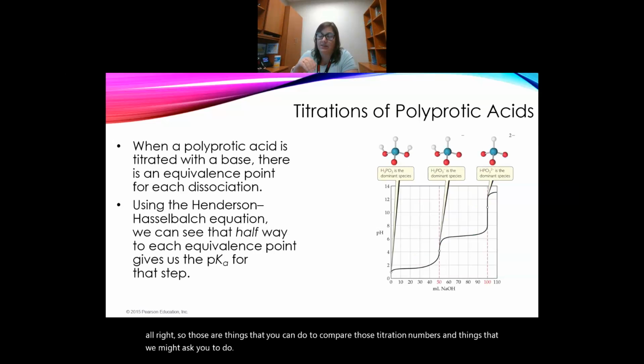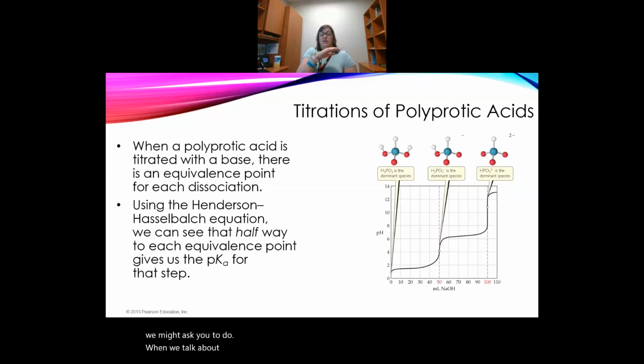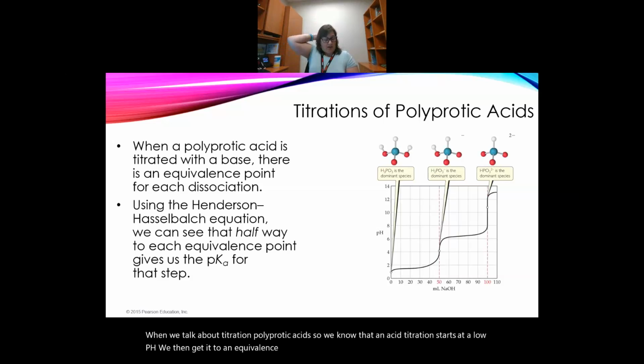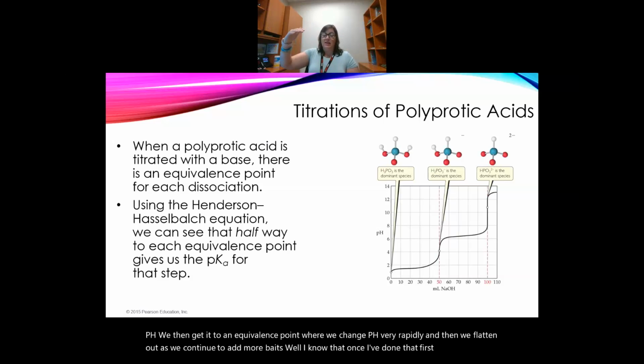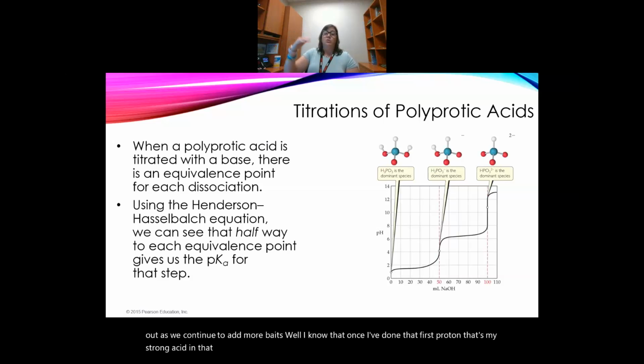When we talk about titration of polyprotic acids, we know that an acid titration starts at a low pH. We then get to an equivalence point where we change pH very rapidly, and then we flatten out as we continue to add more base. Well, once I've done that first proton, that's my strong acid in that case, then I have a second proton that I can deal with.